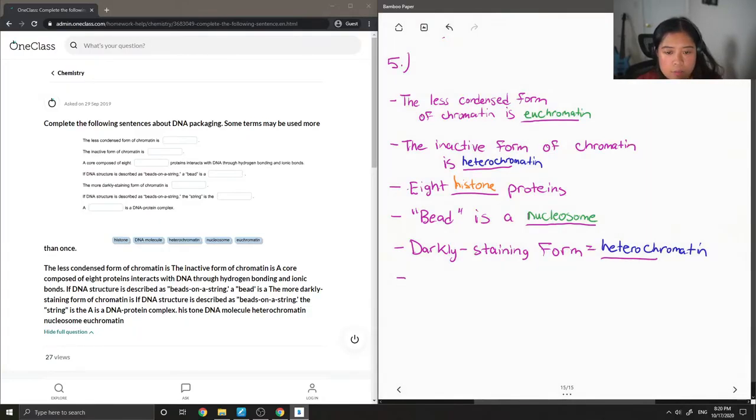So this one is similar to the beads on a string, but this time the string is the blank. So the string is your DNA molecule.